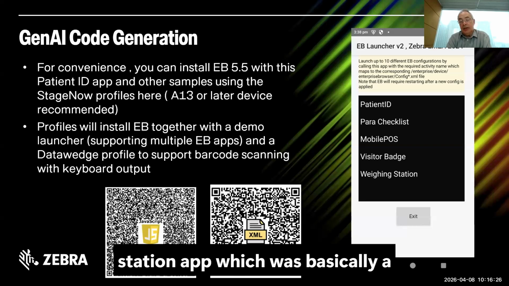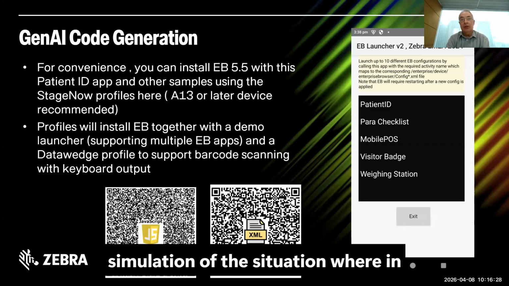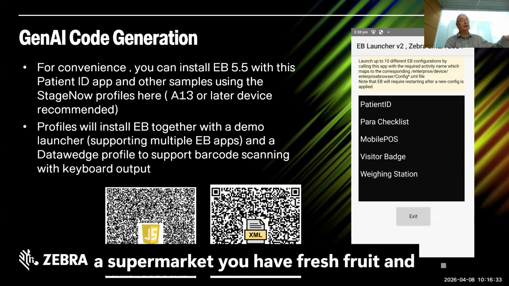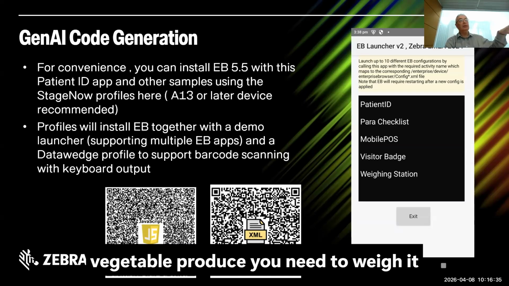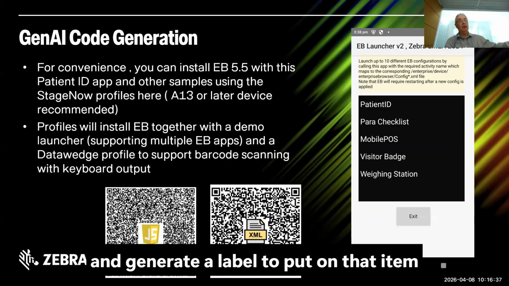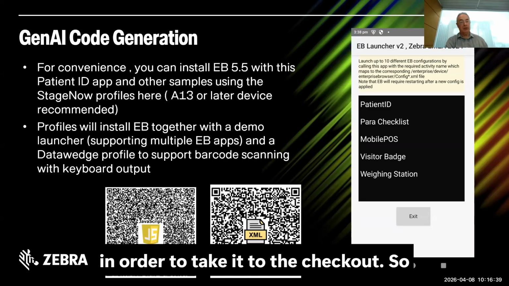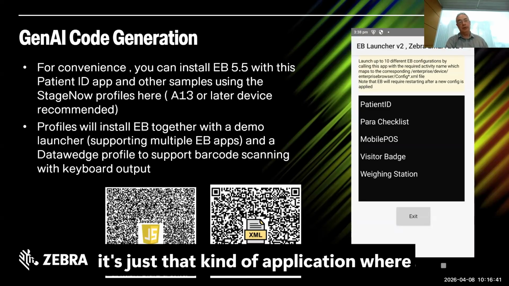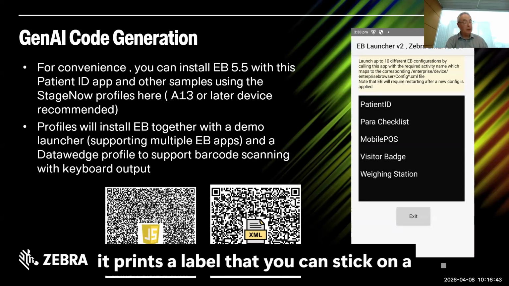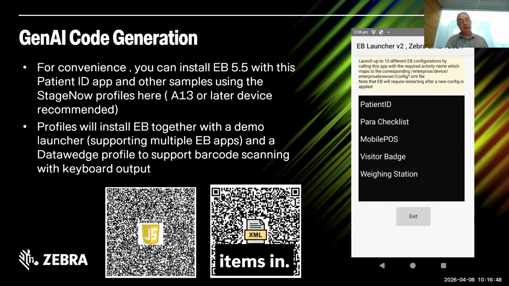And there's also a weighing station app, which is a simulation of the situation where in a supermarket you have fresh fruit and vegetable produce, you need to weigh it and generate a label to put on that item in order to take it to the checkout. So it's that kind of application where it prints a label that you can stick on a package or a bag that you've put the items in.